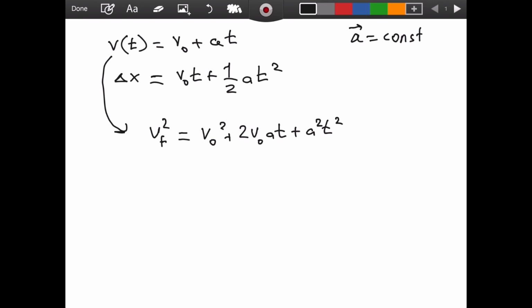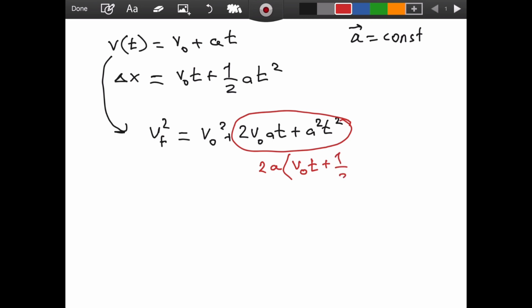Here, if I were to factor out, let's see, what shall we factor out? If I were to factor these two terms as 2a maybe, yeah, 2a would do it. If I factor out a 2a here, let's see what will happen. We will get v naught times time, plus we will have a 1 over 2, right? So that 2 and 1 over 2 will multiply to give us 1.